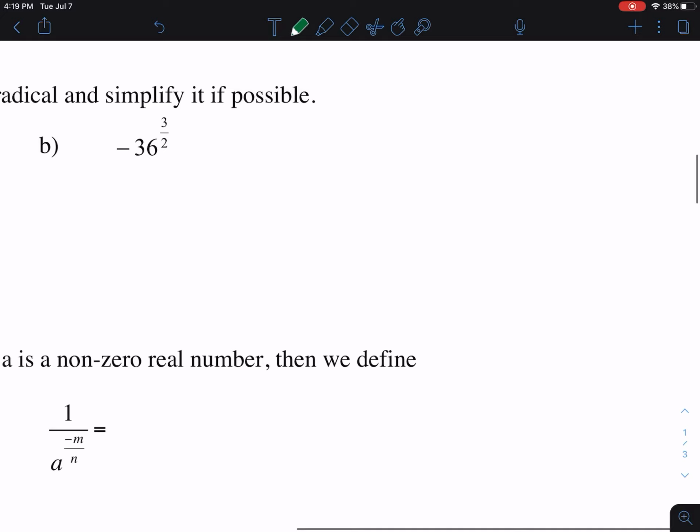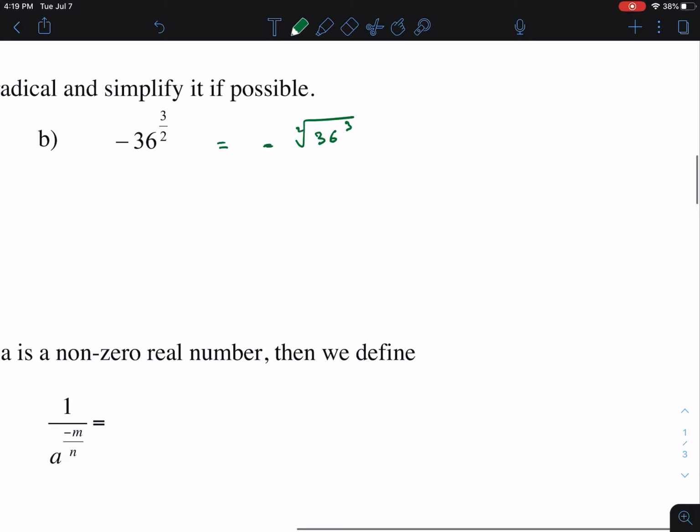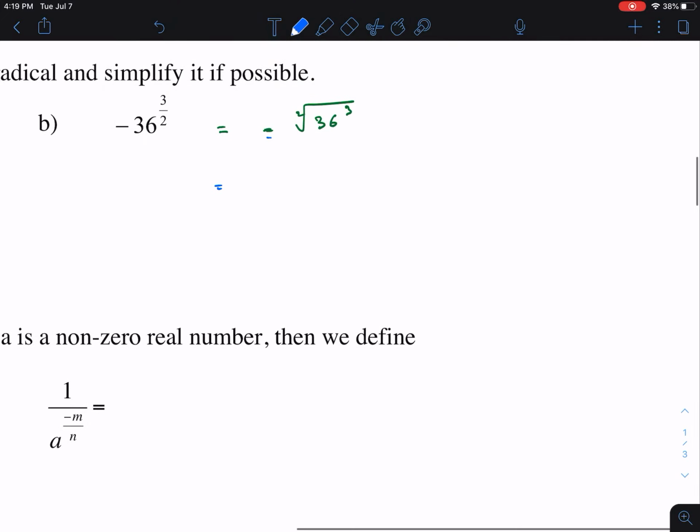If there's a negative in front of the number like this here, we want to keep that outside when we convert to radical form. So it's going to be negative square root of 36 to the third power. Instead of taking the square root of 36 to the third power, which is 46656, how are we going to figure out the square root of that?